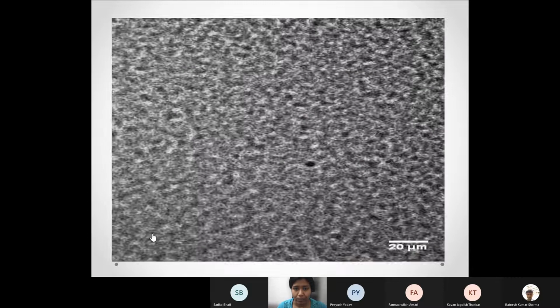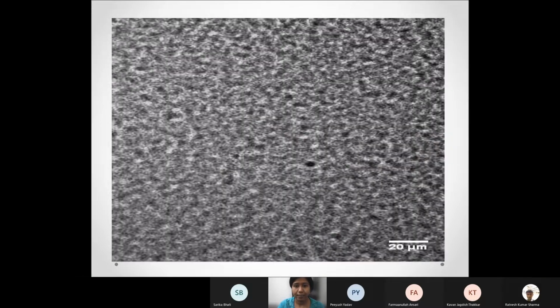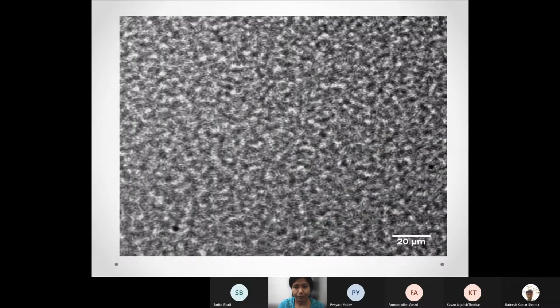Okay. Now, why am I saying all of this? I'm saying all of this because you could use these bacteria, you could harness the motion of the bacteria to move certain objects. Now, one example of that has already been given here, where you have taken this dense suspension of bacteria.